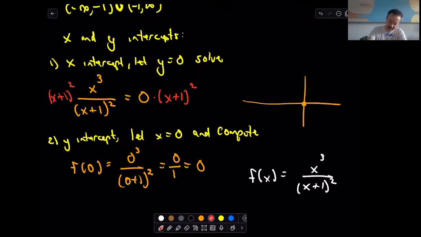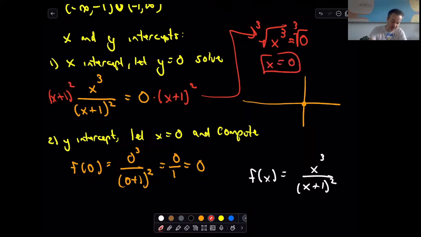That's now going to leave you with just x to the third equals 0. And if you take the cube root of both sides, you still get x equals 0. So the x and y intercept is just the origin, which is the only place where this graph crosses the x-axis.